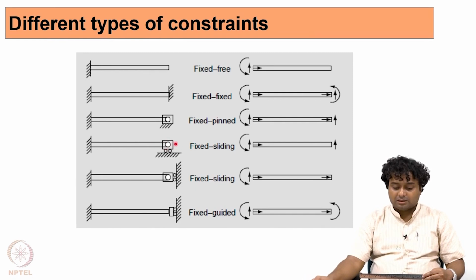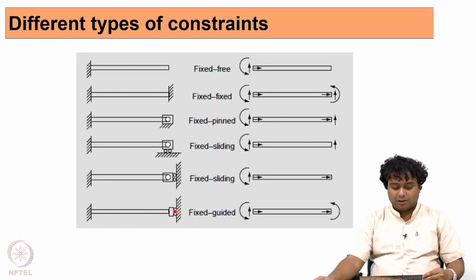So the only reaction present in this fixed sliding case is the vertical direction reaction force. Then again, in another fixed sliding case, the vertical direction motion is allowed, but the horizontal or x direction motion is not allowed, and in that case only the reaction force in the x direction will be present.